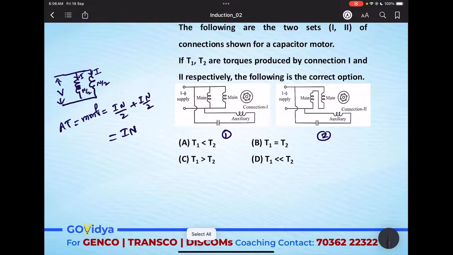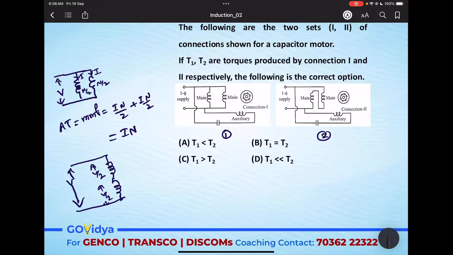Let's see the second circuit. In the second circuit, the main winding is divided into 2 parts and connected in series. So now what will happen? This is the applied voltage V. Here the voltage will be V by 2, and here V by 2.